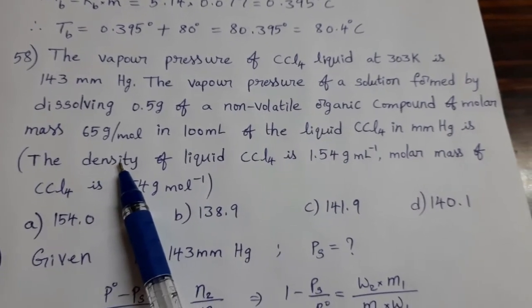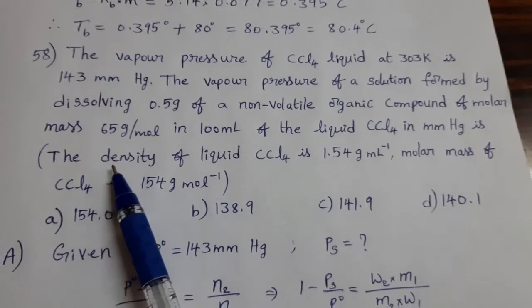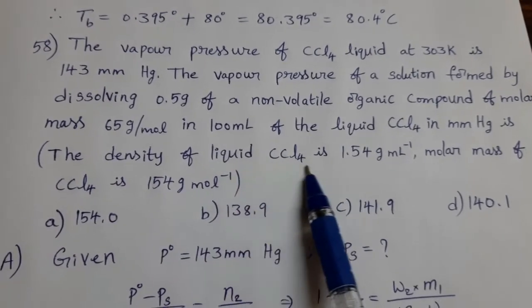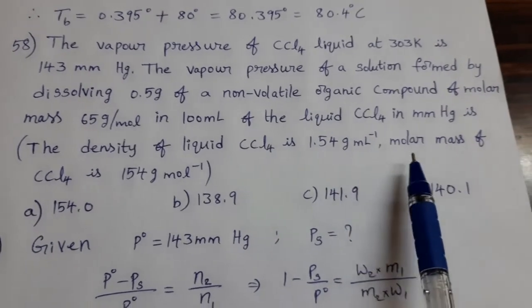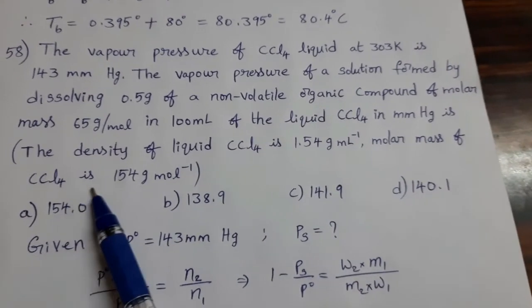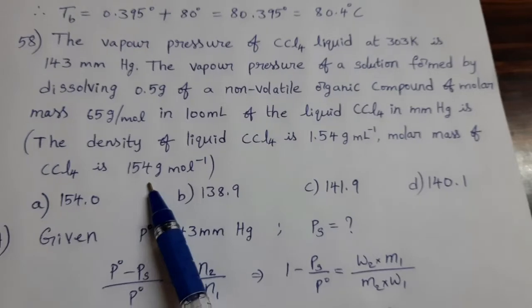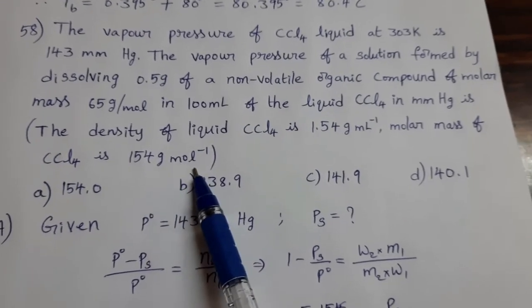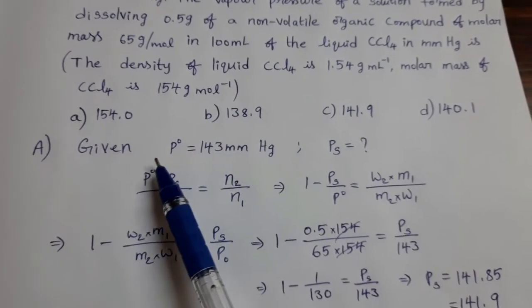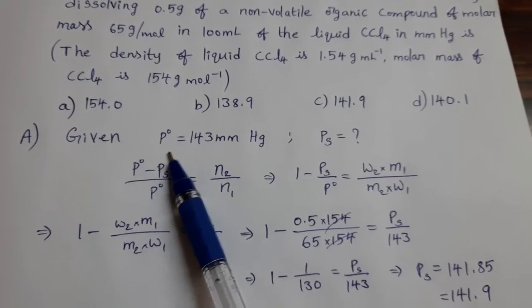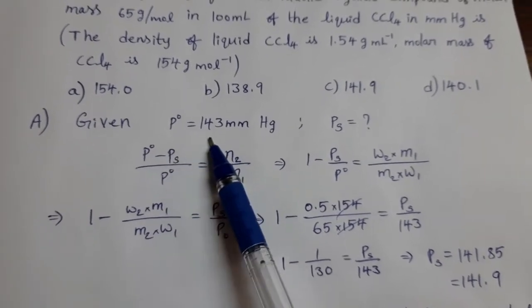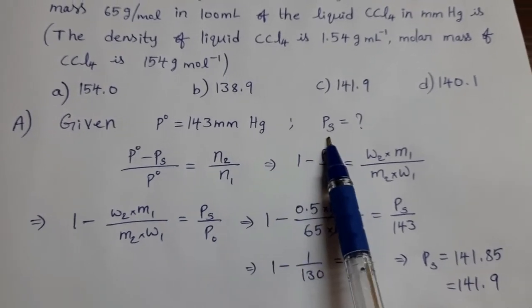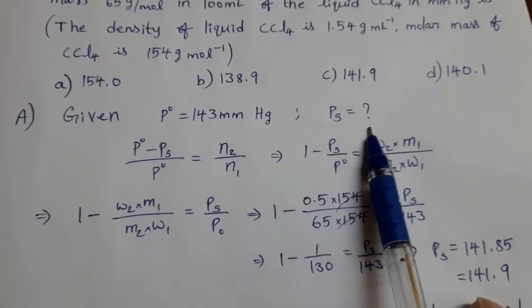Vapor pressure of this solution we should find out. The density of liquid CCl4 is 1.54 gram per ml. Molar mass of CCl4 is 154 gram per mole. Now write down given values. Given P naught equal to vapor pressure of this solvent, 143 mmHg. Vapor pressure of solution we should calculate.